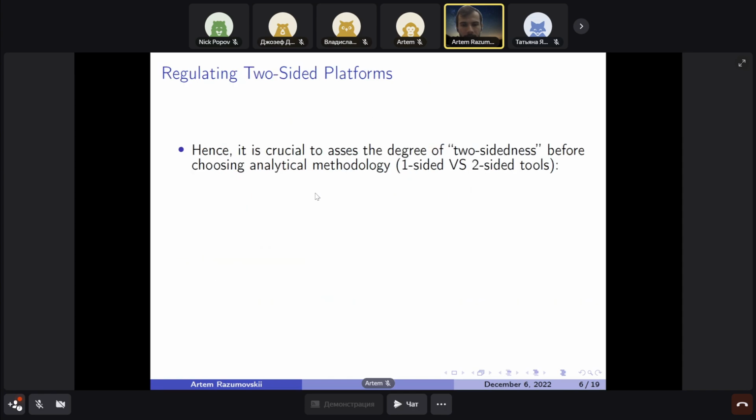The main idea here is that if we come to a market and want to observe whether prices are good, should we penalize monopoly, should we allow it to operate like that? The first question we should ask ourselves in terms of this course is whether the market is two-sided. It's not optimal to think, okay, we have the market, let's analyze it.